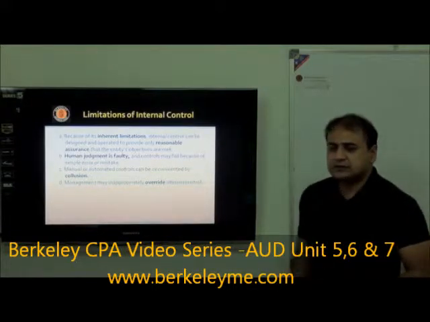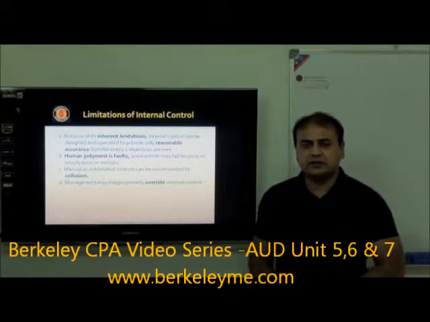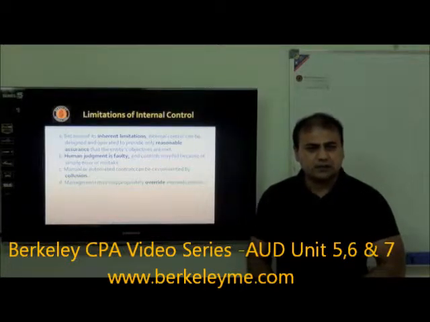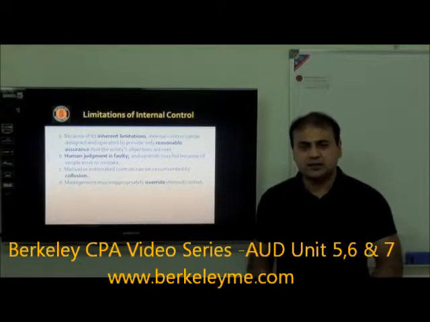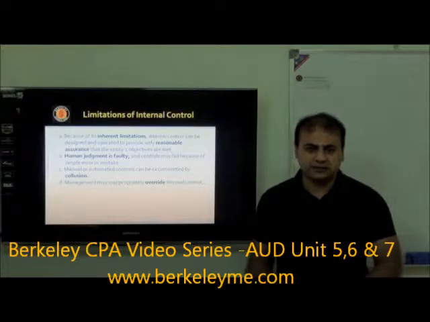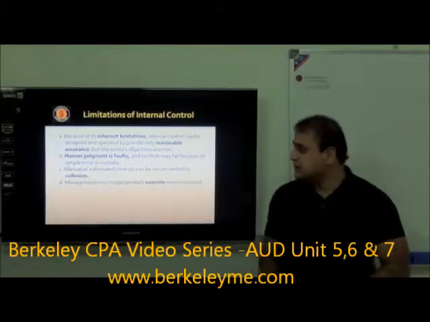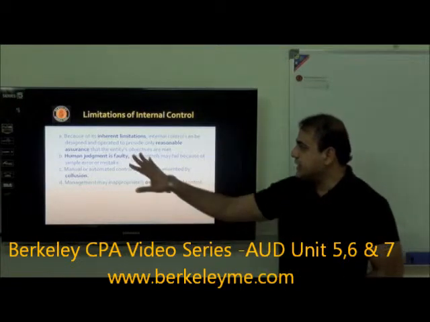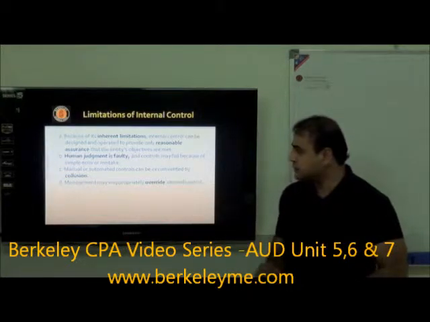What are the limitations? Obviously, every internal control is going to give you reasonable assurance, not absolute assurance. So every system has limitations. Even audit itself has limitations, and audit risk is associated with us. Same way, there are inherent limitations for the internal controls.